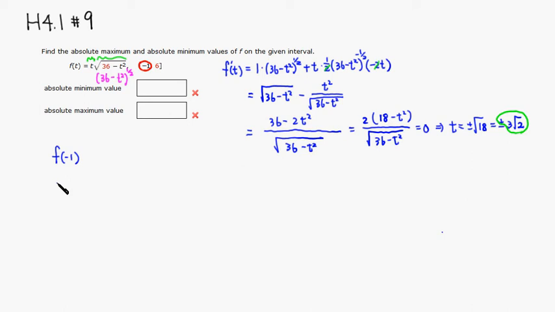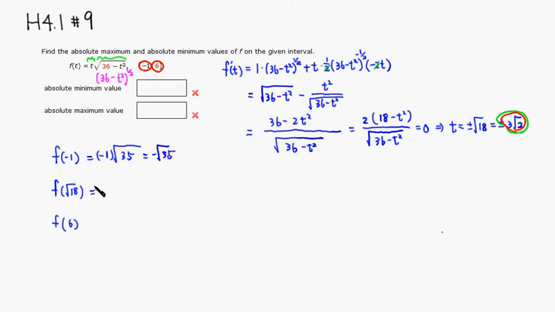And then the critical number, f of 3 square root of 2. Maybe I'll leave it as the square root of 18. And also f of 6, which is the right endpoint. Let's compute that. For -1, you have the square root of 36 minus 1, so it's 35, so negative square root of 35.